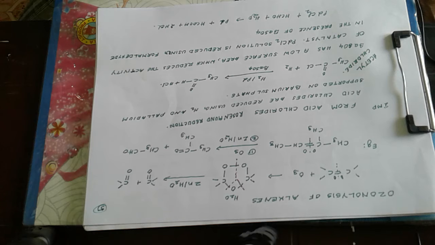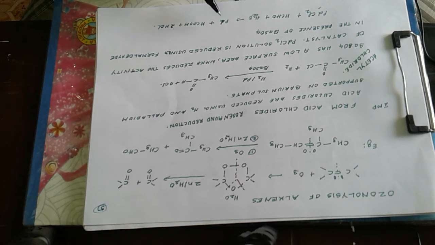And here palladium supported on barium sulfate is prepared by reacting palladium chloride PdCl2 with formaldehyde in aqueous medium to get palladium. In presence of barium sulfate, this reaction is conducted so that palladium will be deposited on this barium sulfate precipitate, which has a low surface area.